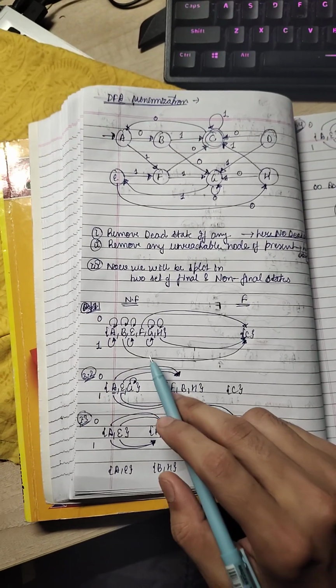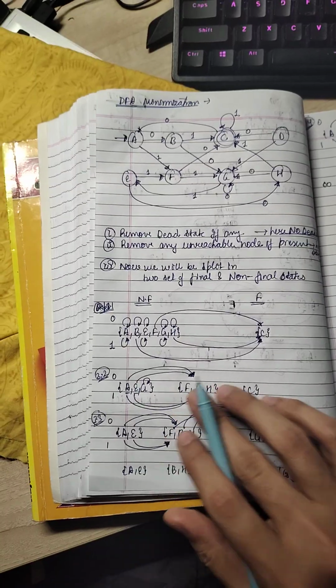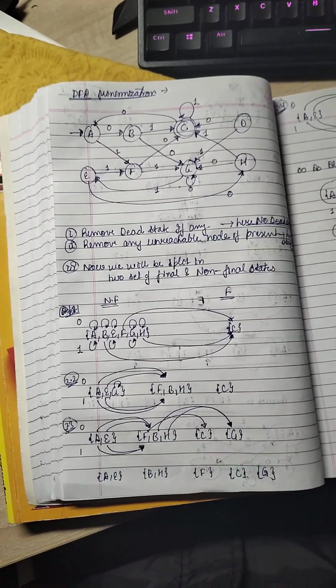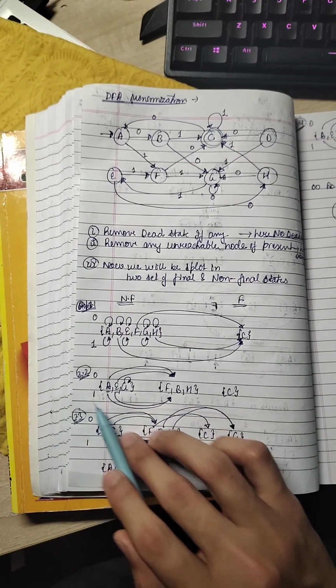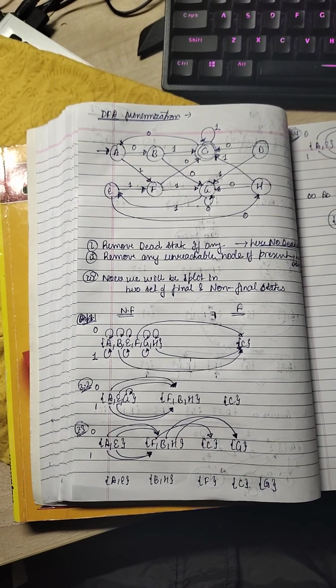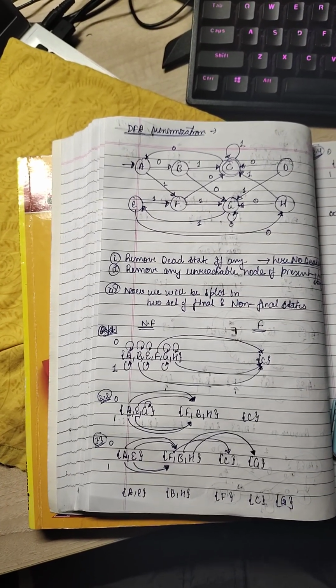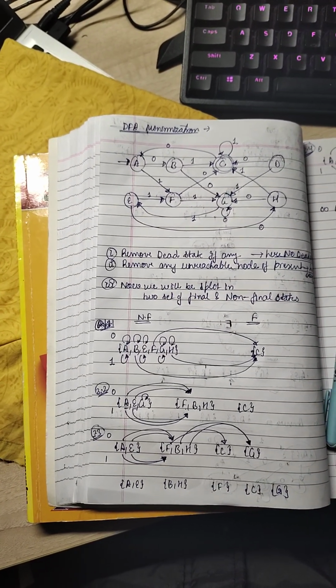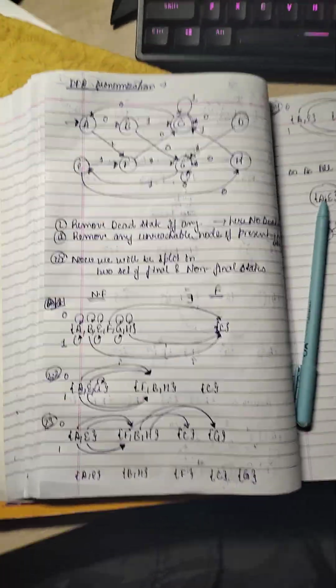So from this we can say that F, B and H we are making a different set, and A, E and G we are keeping in the same set, and C is separate. Also note that if the set size is a single state, there is no need to check it, because its size is only 1.